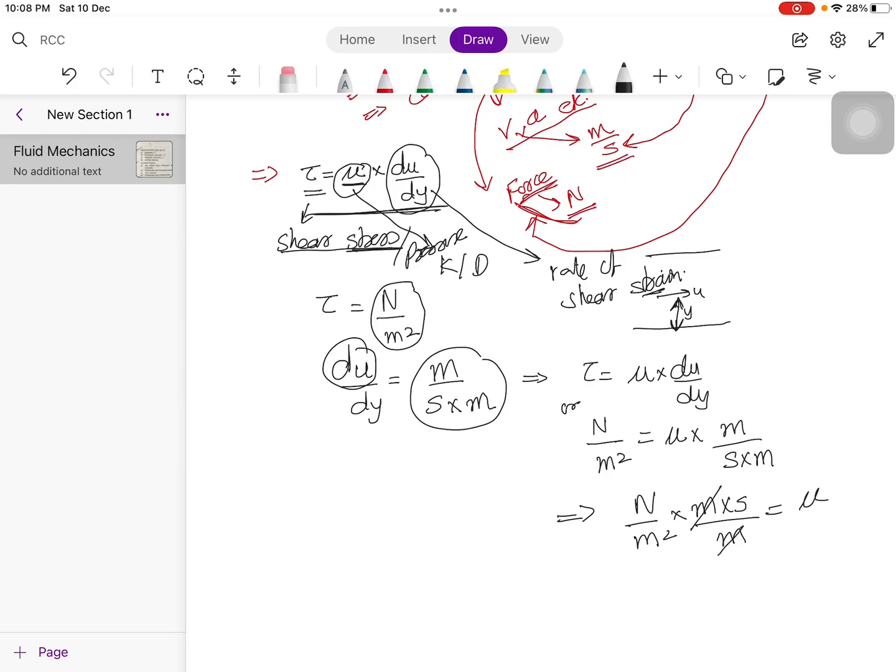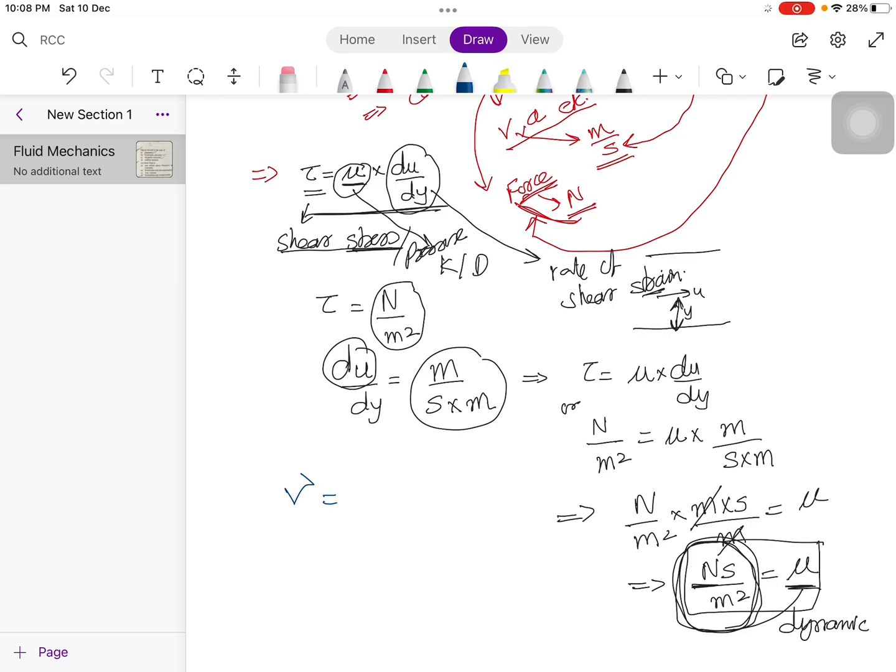So if we further solve this equation, we get Newton second upon meter square is mu. So this viscosity, whose units resemble that of force, is dynamic viscosity because it has a Newton in it. And another viscosity, which we talked about earlier, is a derivative of this viscosity.